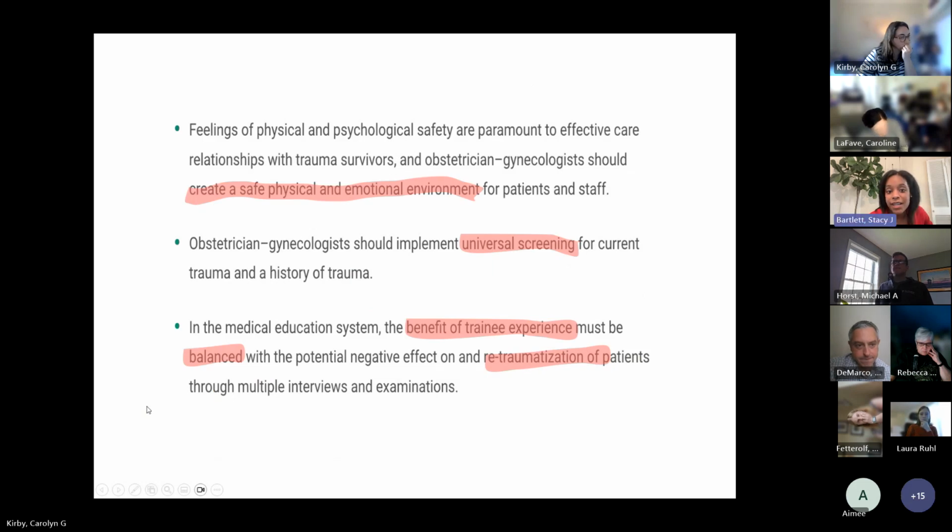In an effort to create a safe physical and emotional environment for our patients and our staff, we want to implement universal screening for current trauma and a history of trauma. And this last bit is relevant to a lot of us because we are in academic practices, but just a reminder that the benefit of the trainee experience has to be balanced with the potential negative effect on patients who may be re-traumatized by repeated exams or questions.